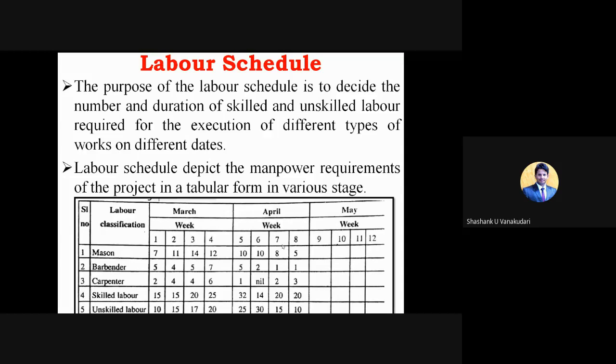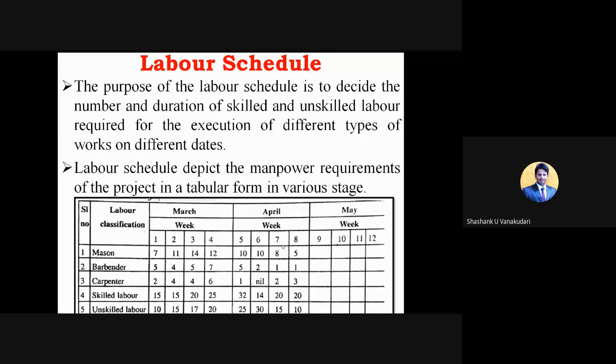The labor schedule depicts the manpower requirements of the project in tabular form at various stages. In this table you can see different labor classifications, starting with mason, bar bender, carpenter, skilled laborers, unskilled laborers, and so on, right?